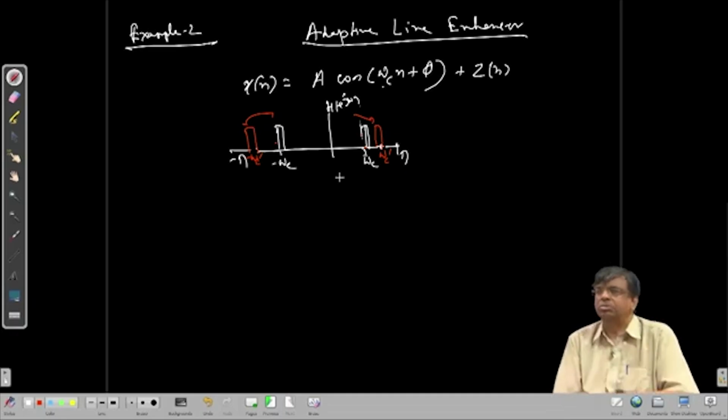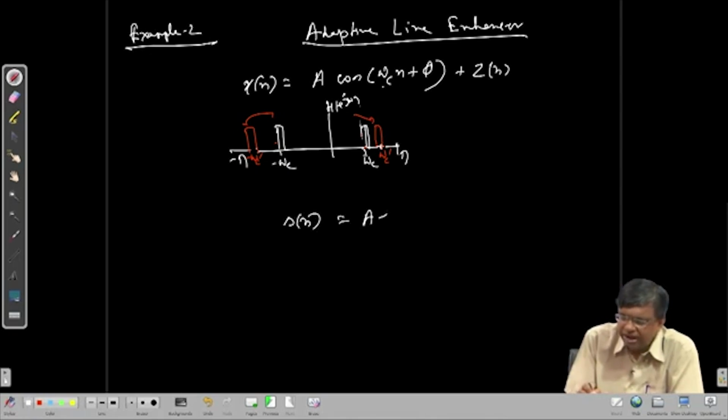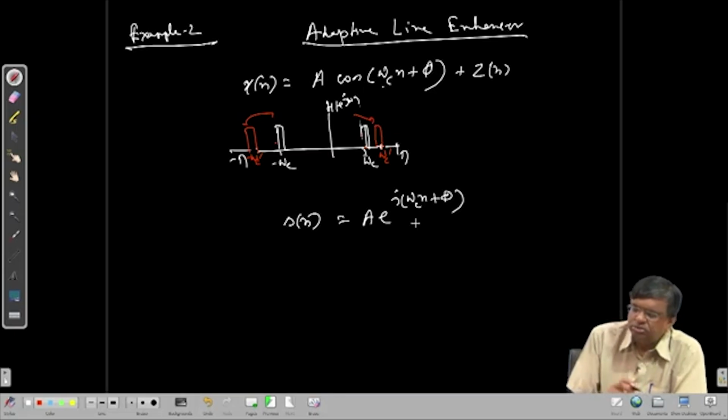Again, we will be using the concept of forward modeling, but before that, you need to know some fact which maybe you do not know. So, see one thing, suppose I give you Sn as some a e to the power j omega c n plus phi. Instead of cosine, I am taking a complex sinusoid, fine.